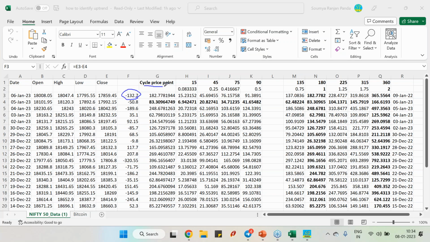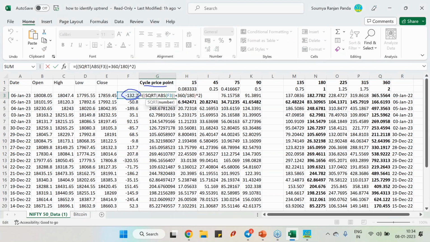I have to calculate the cycle price point. Anywhere we get a negative number, convert it to positive. I will be using the absolute function. Absolute means positive, make it positive.